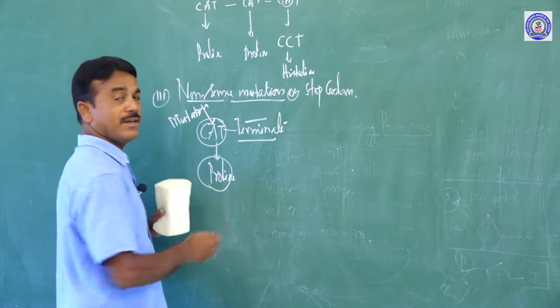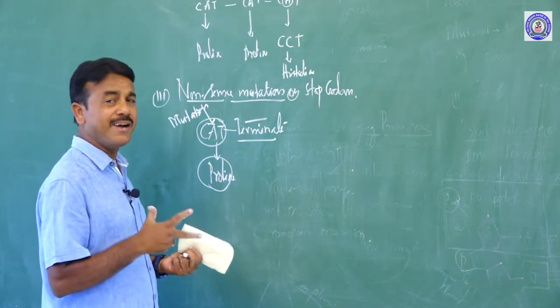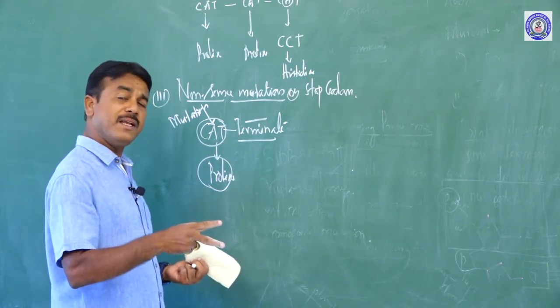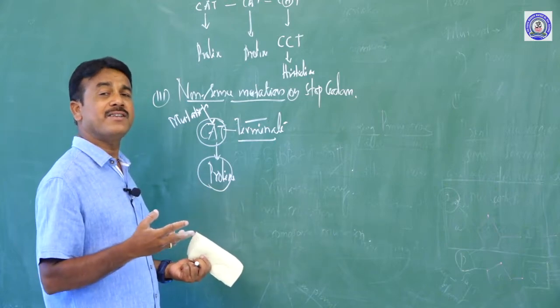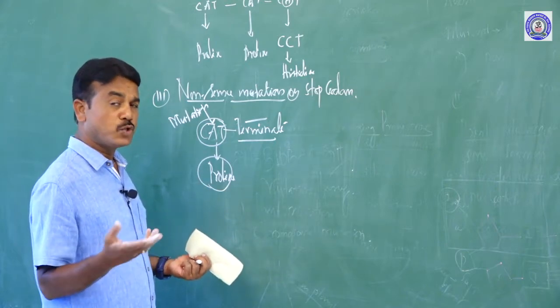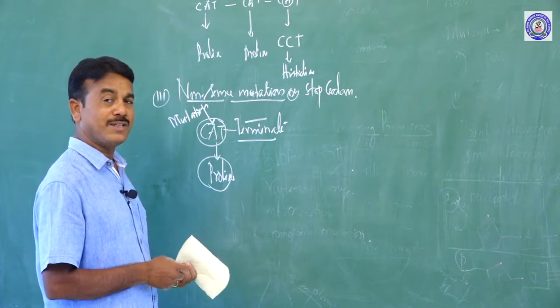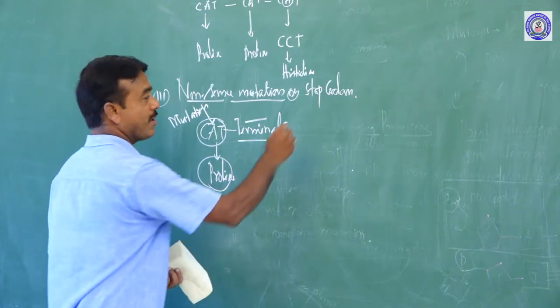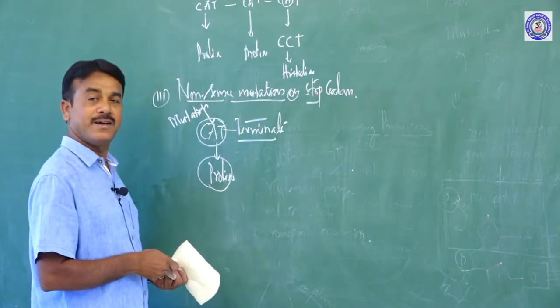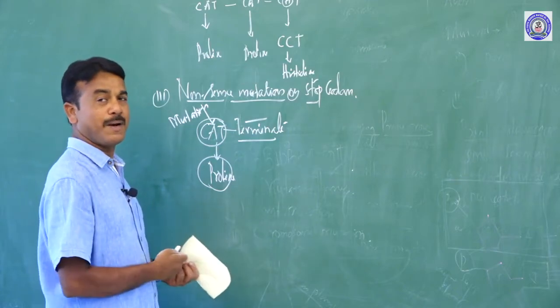Terminate means finalized, so it can be killed. If it is killed, for such a triplet sequence there is no possibility of producing an amino acid. That is commonly called nonsense, also called stop, because of termination, finish, end.